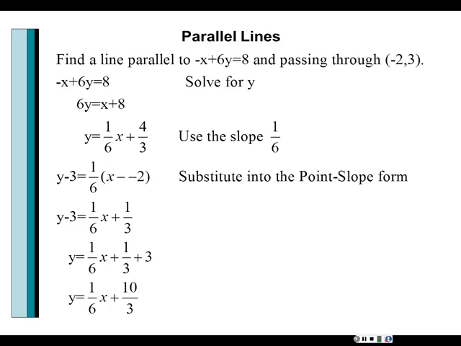We also know one point of the line, because the question is claiming that the line will pass through -2, 3. So you are basically done, because all you need is one point and the slope.